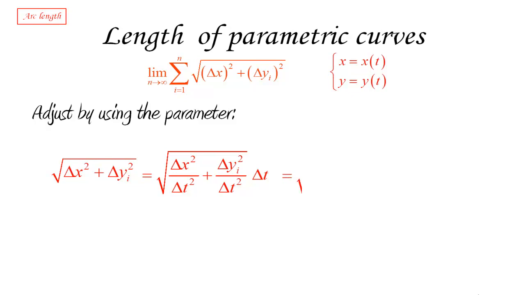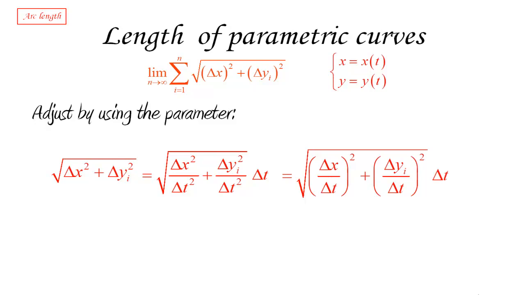Now each of those two gives me pretty much a derivative. The first quantity in brackets is the derivative of x with respect to t. Well, not yet, but it will become a derivative once we let n go to infinity. Similarly for delta y divided by delta t, as delta t becomes smaller and smaller, it will go to the derivative of y.